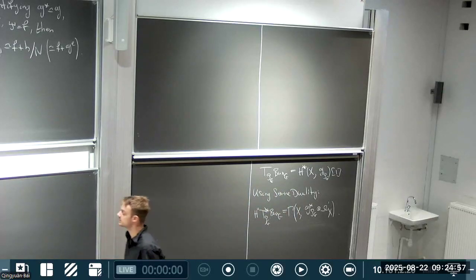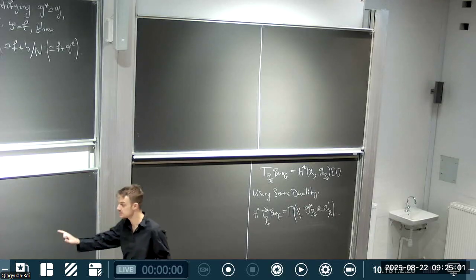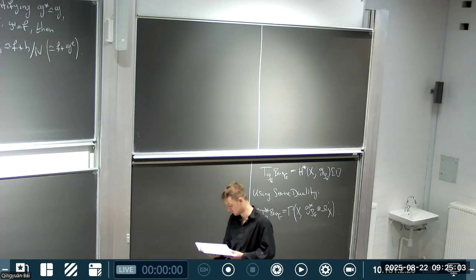Okay, so we've defined this closed subset of the cotangent bundle of Bun G, and this will play an important role. Let's see exactly how now.